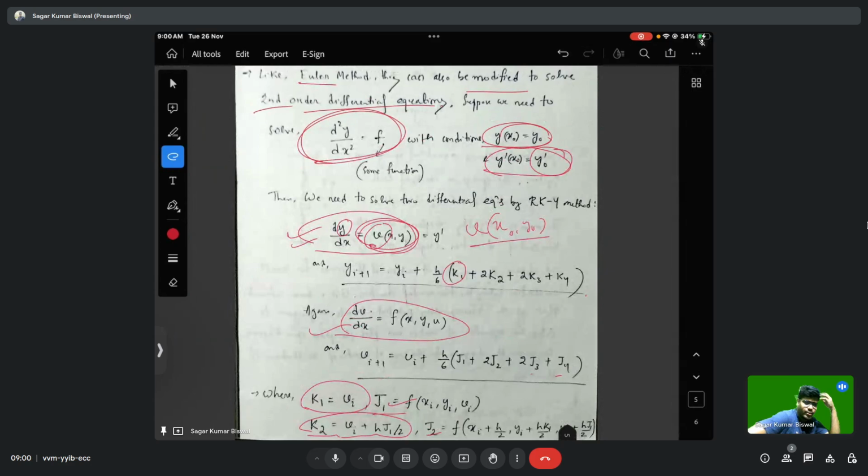It is a bit complicated to explain, so let me go through the code, and then I will explain what is happening here, how to solve this second order type differential equation using this RK4 method. When you see the code, it will be more clear.